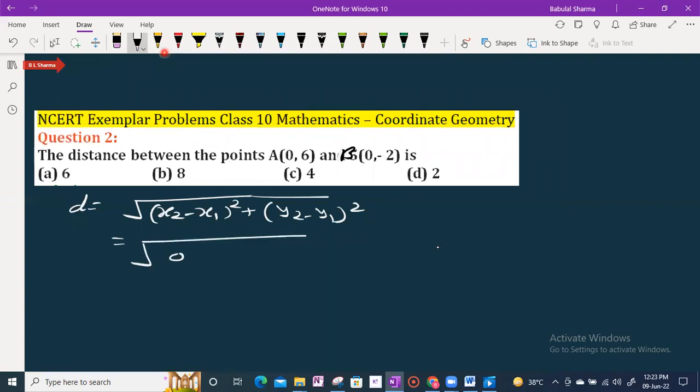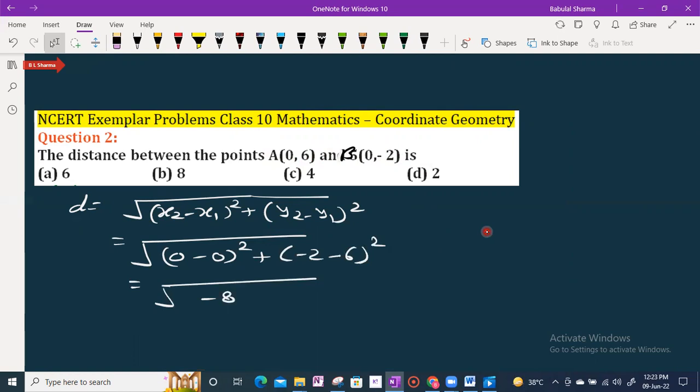Here you can take 0 minus 0 whole square plus, see, x2 is 0, x1 is 0, and y2 is minus 2, y1 is 6. So that is minus 2 minus 6 whole square.